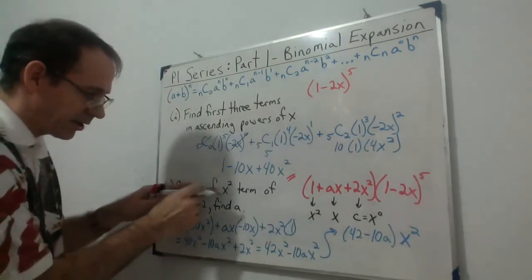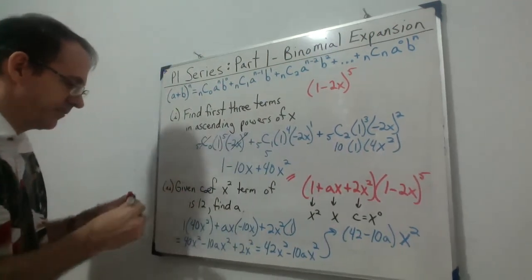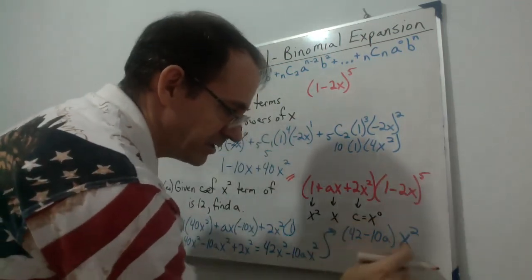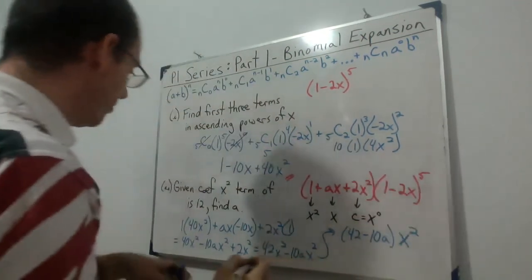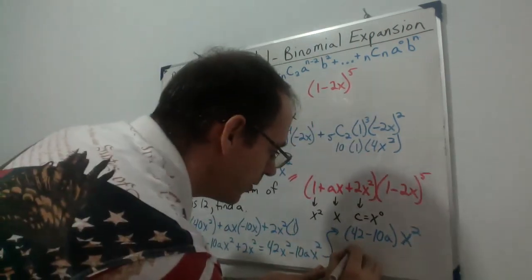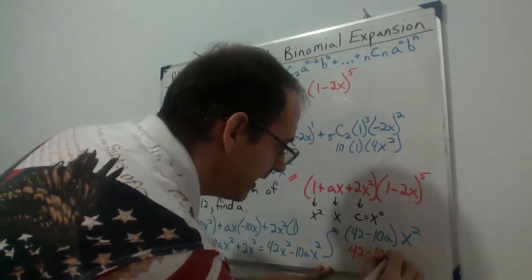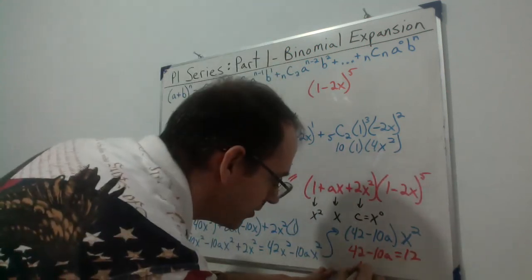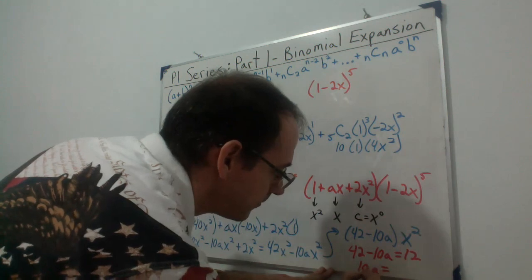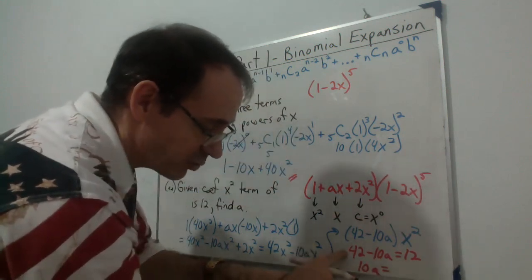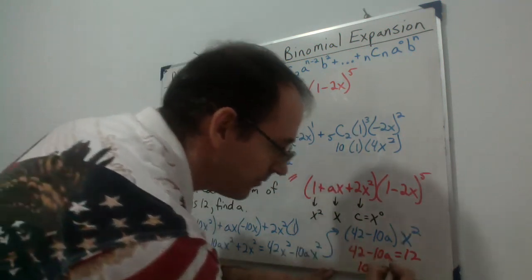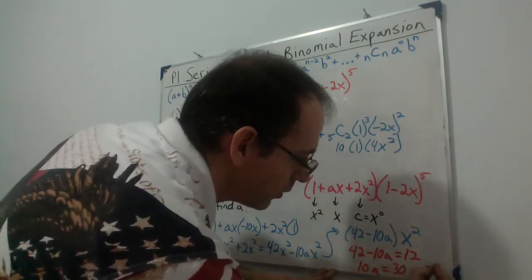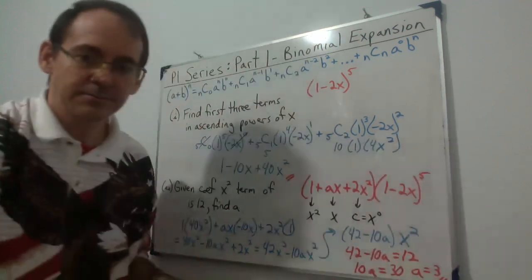So our coefficient of the x squared is 12. Here's our coefficient of the x squared. I'm running out of room. 42 minus 10a equals 12. So if we move the 10a over to the other side and we subtract 12, 42 minus 12 is 30. Just enough room here, a equals 3.